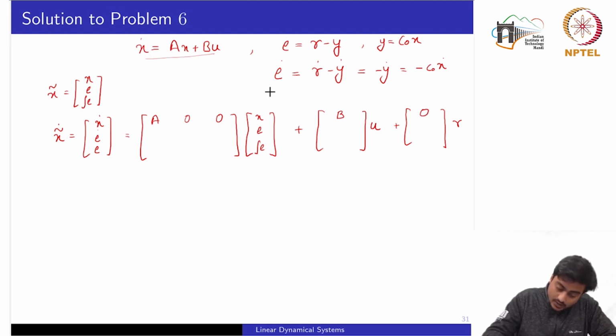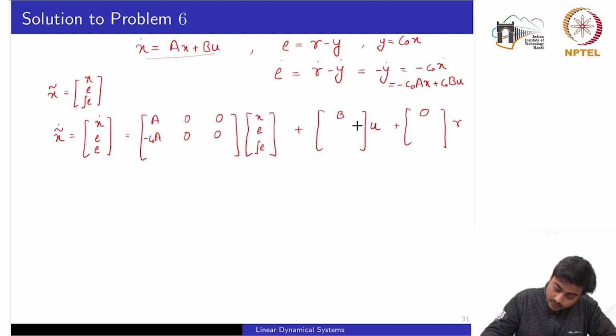The second equation, e dot, I can express as the derivative of x dot, which I can write as minus C naught Ax plus C naught Bu, by putting x dot from here to here. So for the equation of e dot, we would get minus C naught A, and we don't have any relationship with e and integral of e.